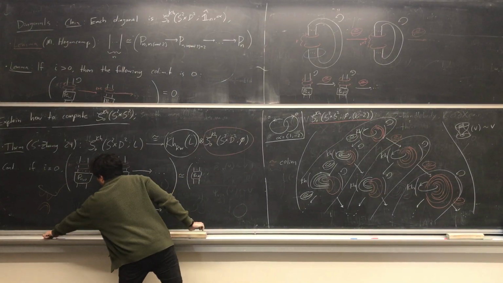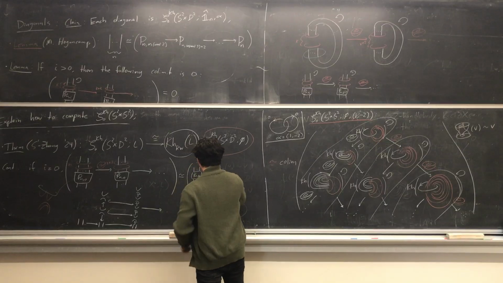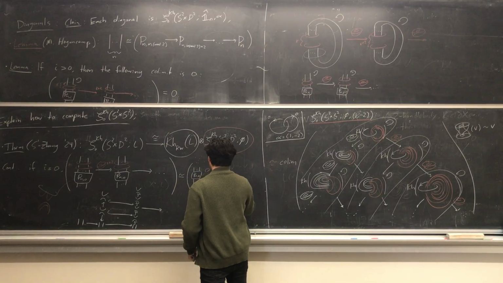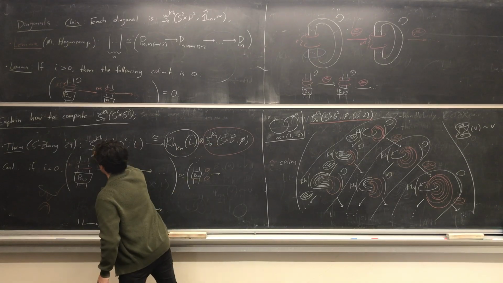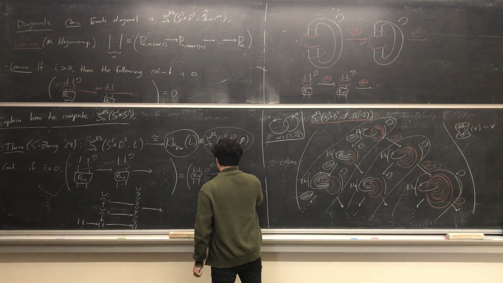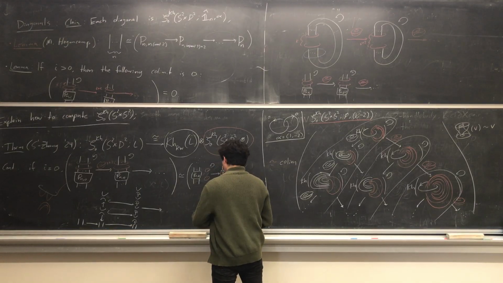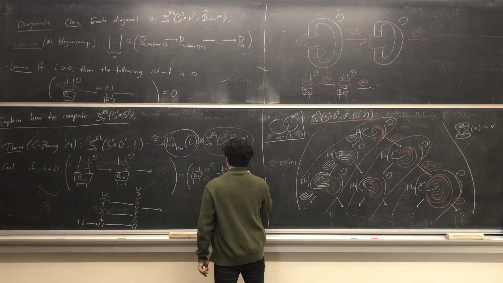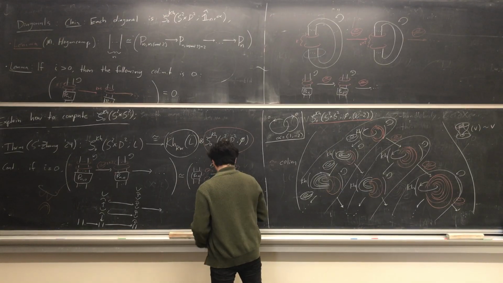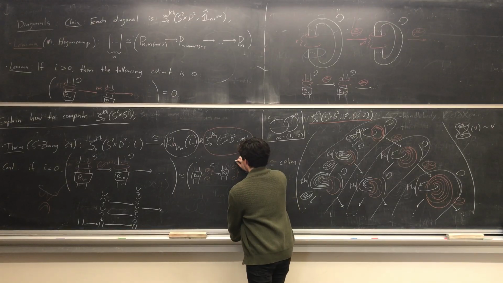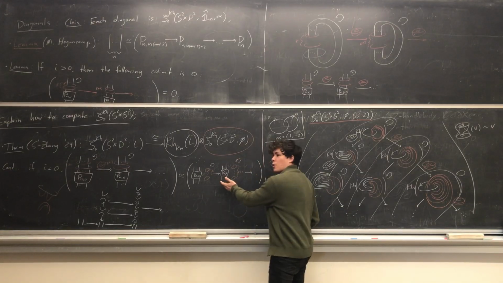Anyway, so because I can slide all my belts off, I end up with a colimit that looks like this. So remember, this is all still symmetrized. I just have a bunch of Rozansky projectors. But now I just have a bunch of belts floating around, disjoint from my projector.